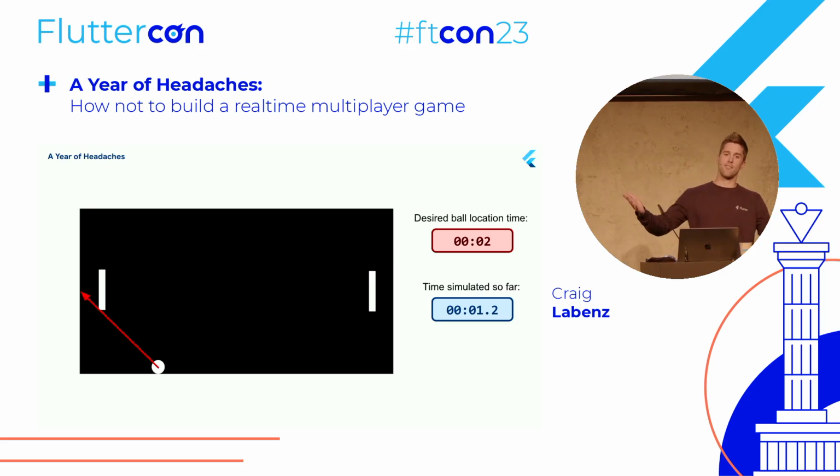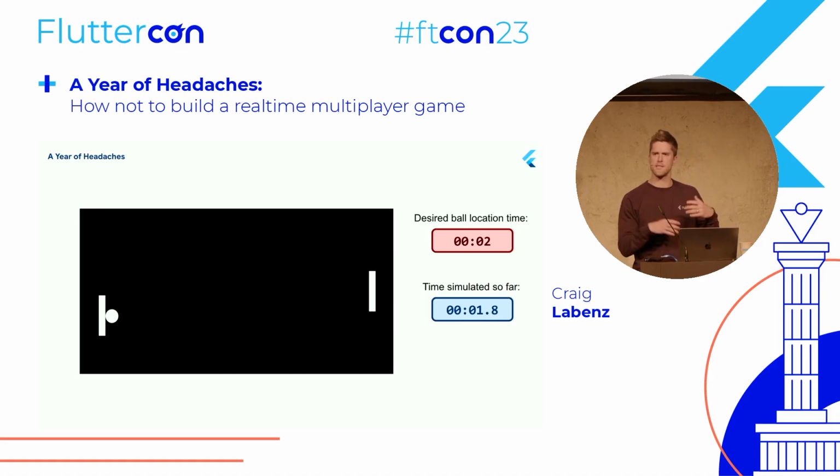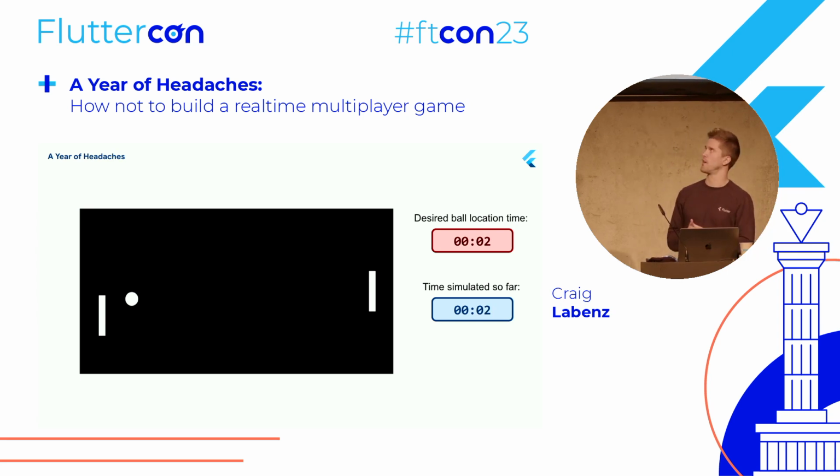Luckily, we can calculate historical paddle positions. So let's say we crunch those numbers and it turns out, yes, the paddle was there. Okay, great. So we calculate this collision, we apply it. Let's say we've got a few more milliseconds to go. We work out how much movement the ball should have done in 200 milliseconds. We apply it, and that's where Flame draws the ball on this given frame.